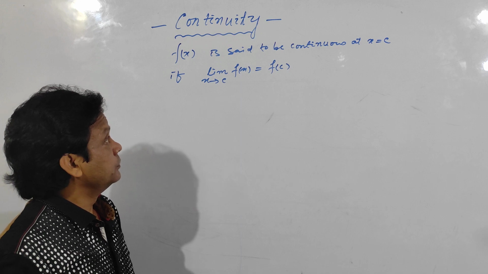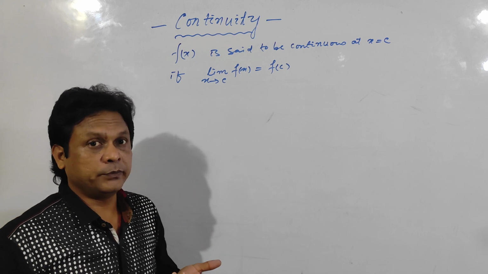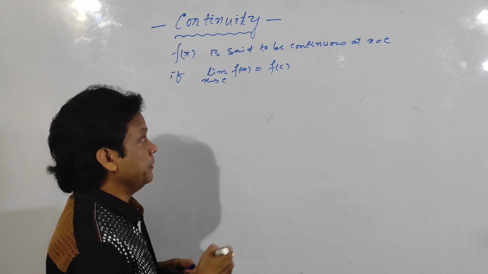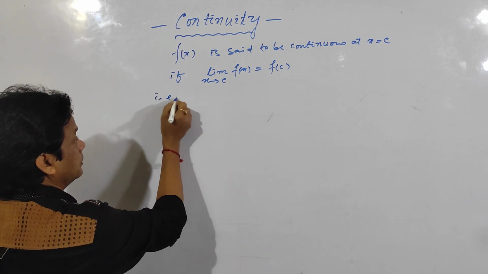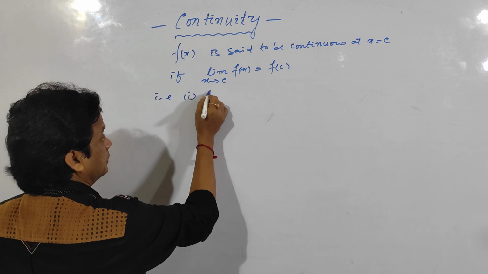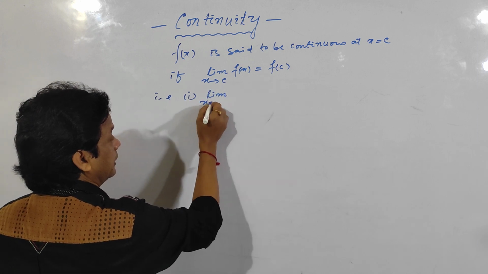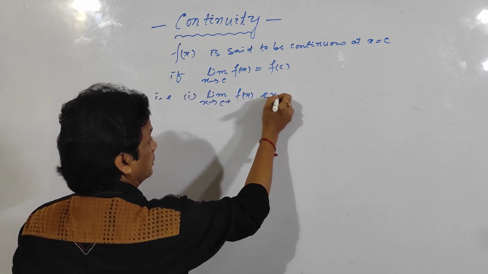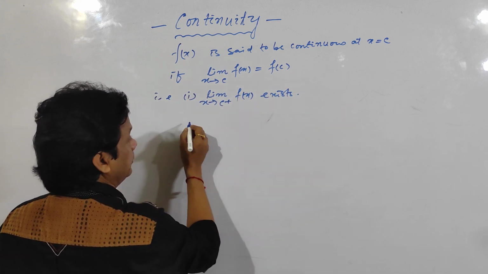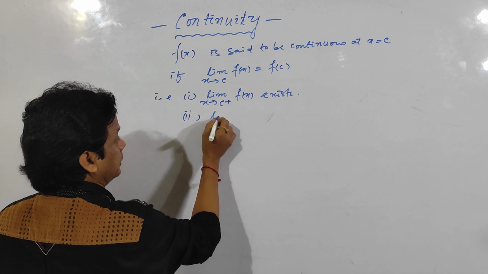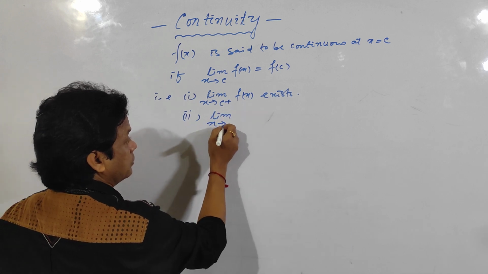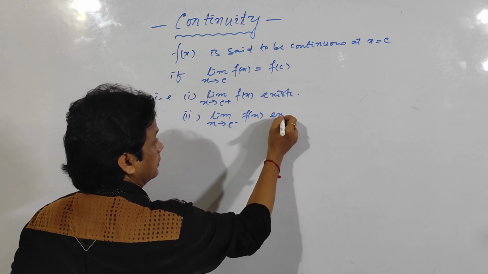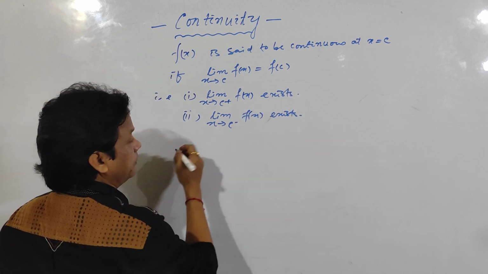And I have told you, a limit of a function is said to exist if the left hand limit is equal to the right hand limit. That means limit x tends to c plus f of x exists, that means the right hand limit exists at x is equal to c, and limit x tends to c minus f of x exists, that means the left hand limit exists.